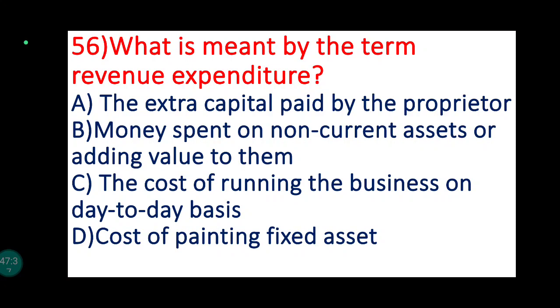Point number 56. What is meant by the term revenue expenditure? See, revenue expenditure is the cost of running the business on a day-to-day basis. Like, you can see electricity bill paid, rent paid. Okay, they are known as the cost of running the business on a day-to-day basis. They are revenue expenditure.